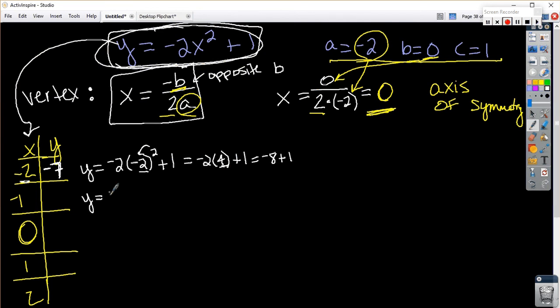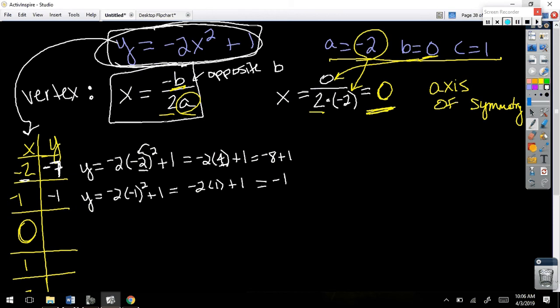Now look, when I plug in -1, I square first. -1 to the second power is what? 1. -2 plus 1 is -1. And that's what the formula gives, -1.